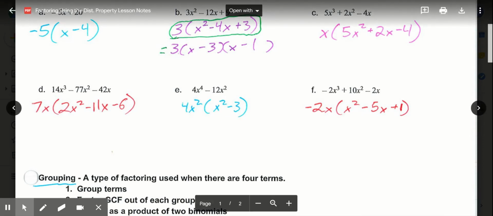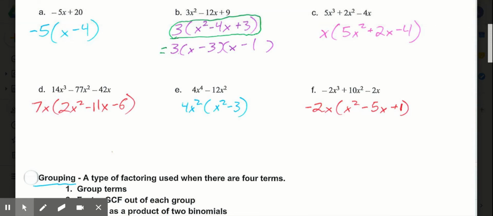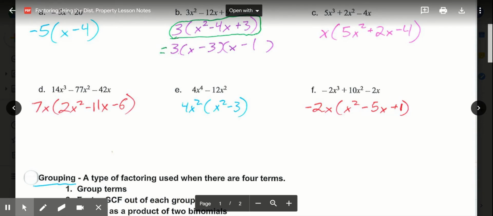And then in F, we have three terms: negative 2x to the third plus 10x squared minus 2x. Everything can be divided by a negative 2x, so left on the inside of the parentheses would be x squared minus 5x plus 1.